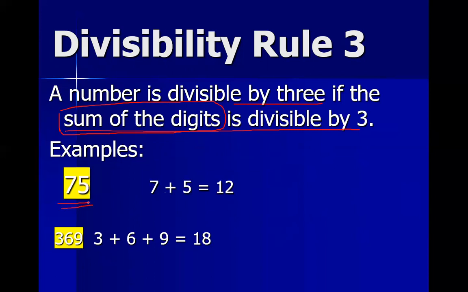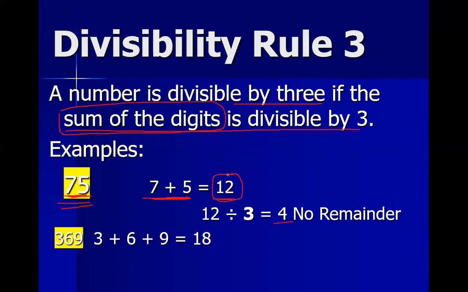It's a 2-digit number, so just add its digits together: 7 plus 5. It comes to 12. We know that 12 comes in the table of 3 and it is divisible.